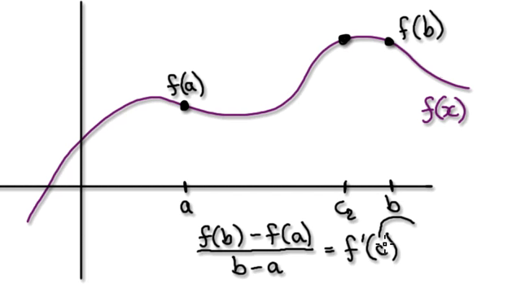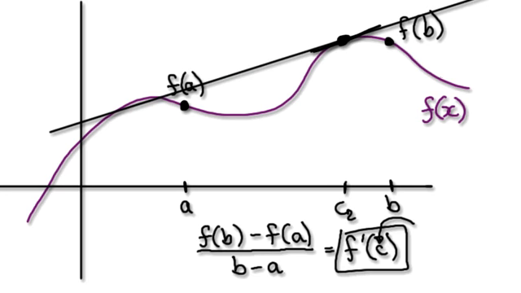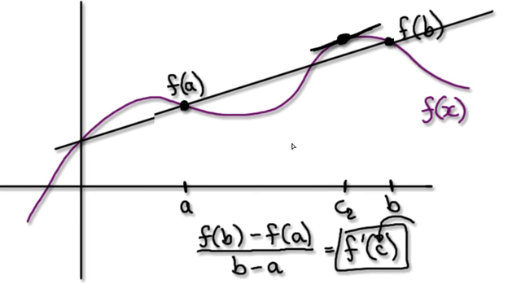But the point is, there exists at least one point where the gradient of the actual function will be the same as the average gradient here.